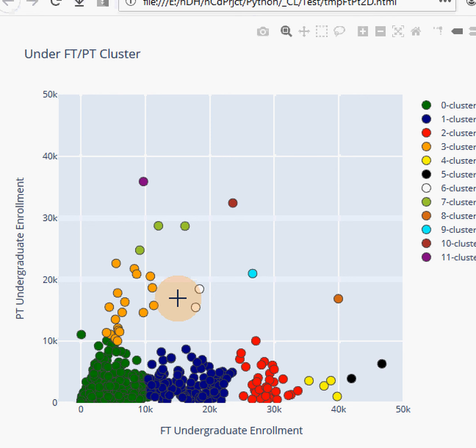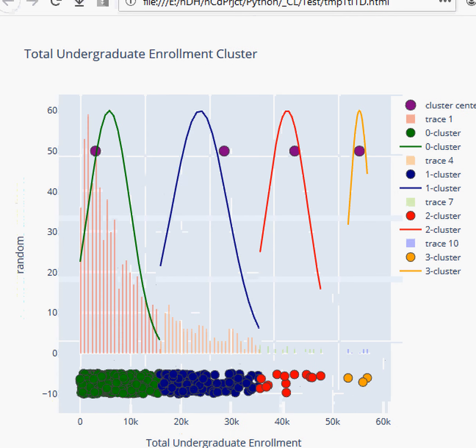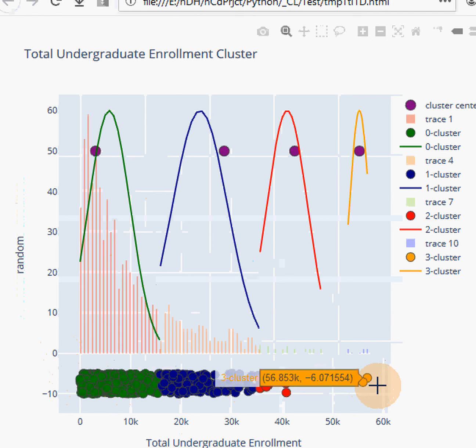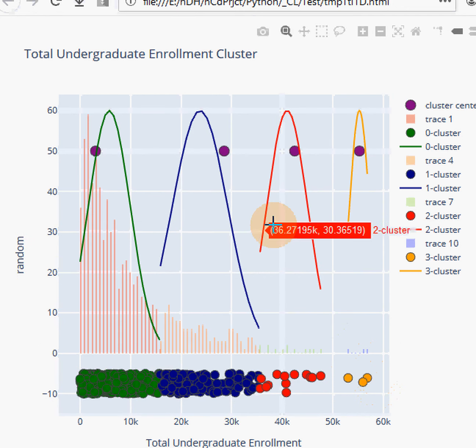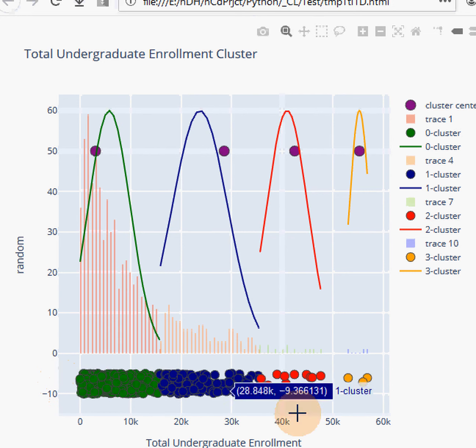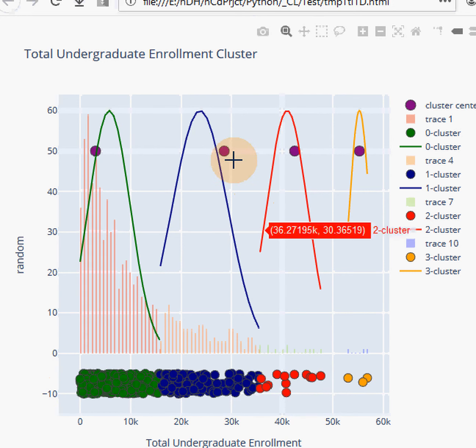For example, one method is to take the whole population, like the total undergraduate enrollment in this case, and calculate one big normal distribution with all the points, and come out with something like this.